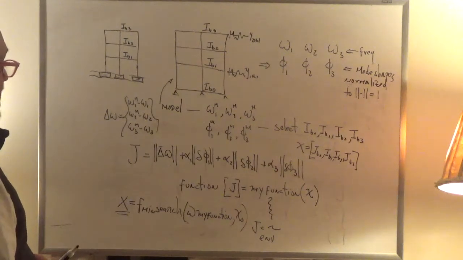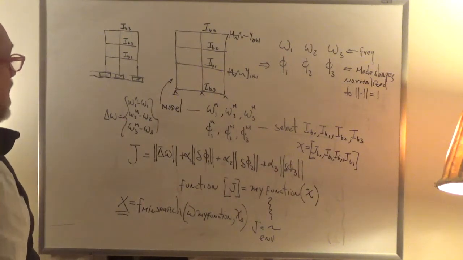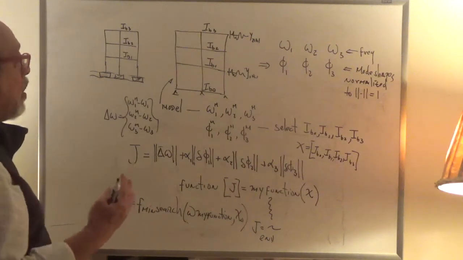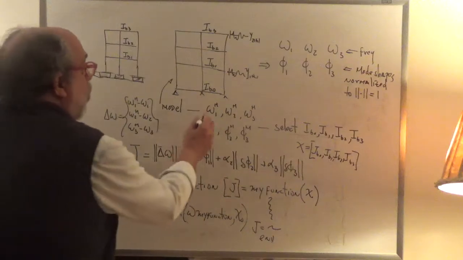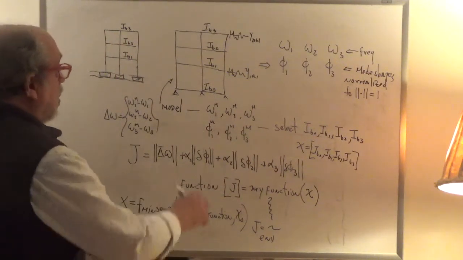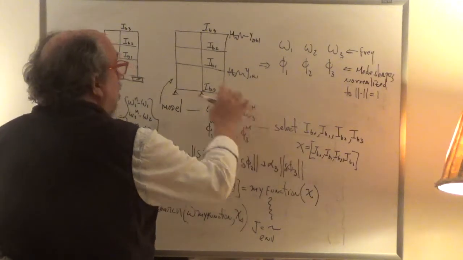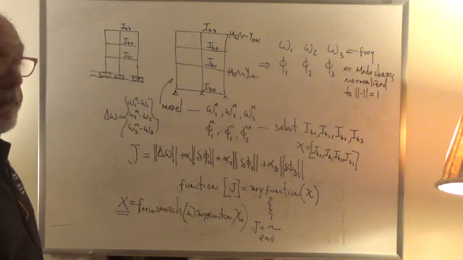Now, in this case, we can hope to find 4 things. Why? Because we have more than 4 constraints. We have 1, 2, 3, 4, 5, 6 things. If we only had frequencies, we could not attempt to find 4 things because there would be infinite solutions.